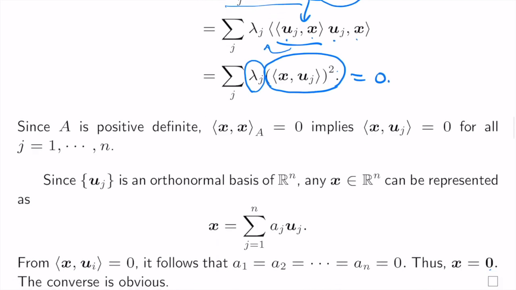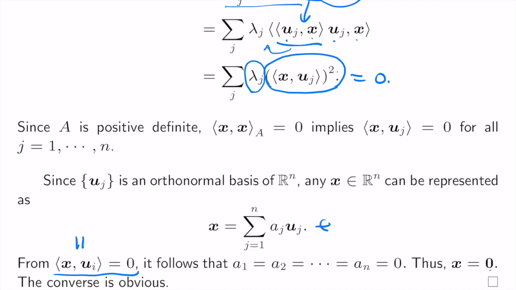Now, take the inner product between x and ui, the ith eigenvector. Since we have this equal to 0, and from this expression we have this is equal to ai, that means ai is equal to 0. And this holds for any i. So a1, a2, and so on up to an, they are all equal to 0. That means x is the 0 vector.